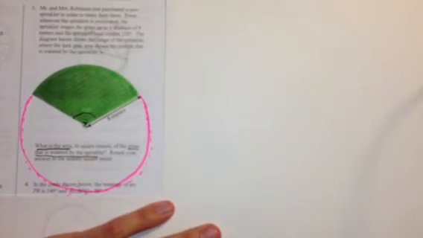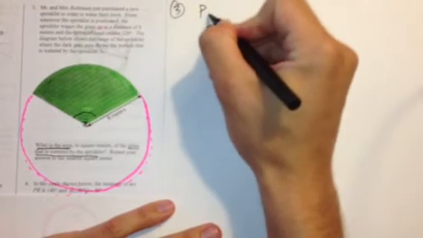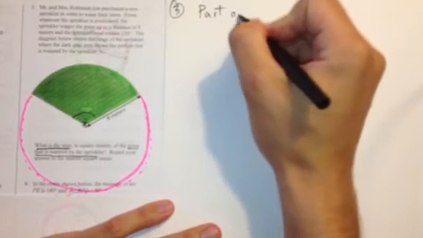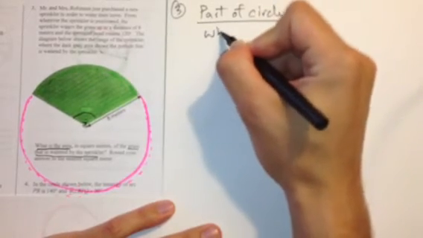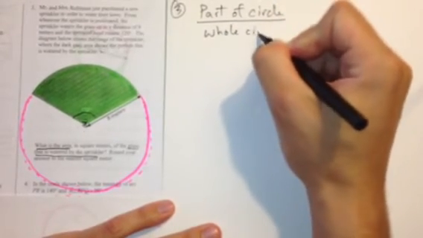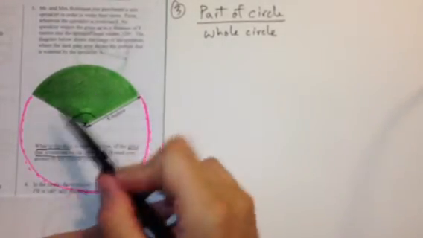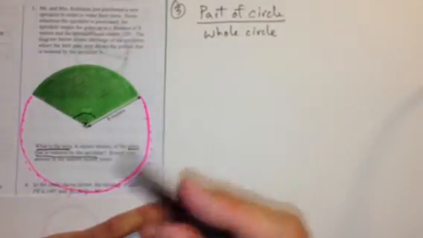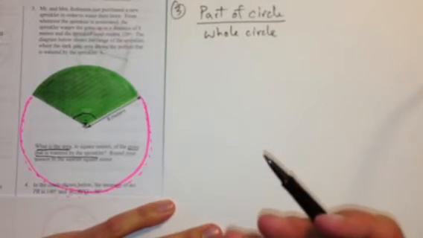So when dealing with arc length and area of sectors, again, we are doing part of the circle over whole circle. The question is, what fraction of the circle is this green area, this sector? Is it half of the circle? Is it more than half? Is it less than half?